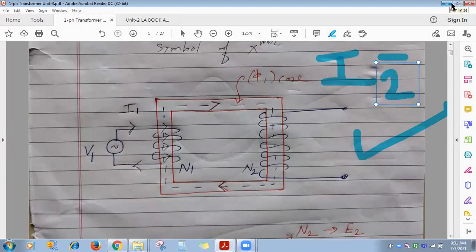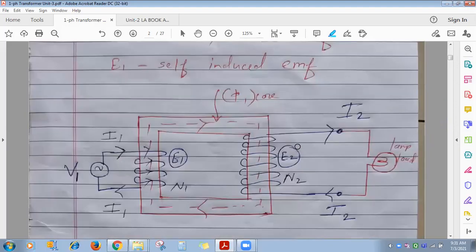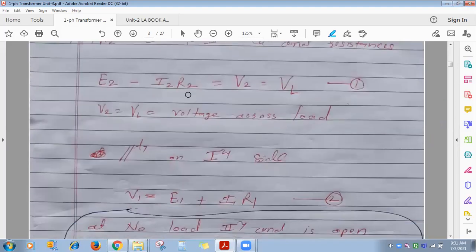I2 will be 0. Very good. I2 is 0. Now in this equation you put I2 is equal to 0. What you will get? E2 is equals to V2 you will get. Means at no load condition, I2 is 0, so E2 is equals to V2 you can say.